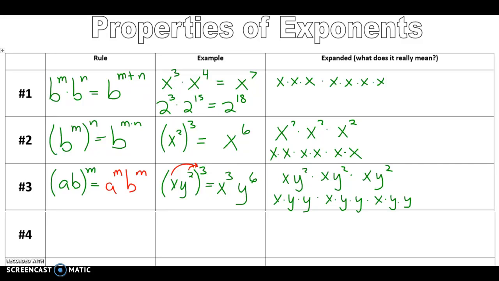Okay? Number 4 is b to the m over b to the n. Now we're going to have a fraction. B to the m over b to the n. I know this works. So the example that I'm going to give you is x to the 7th over x to the 4th.